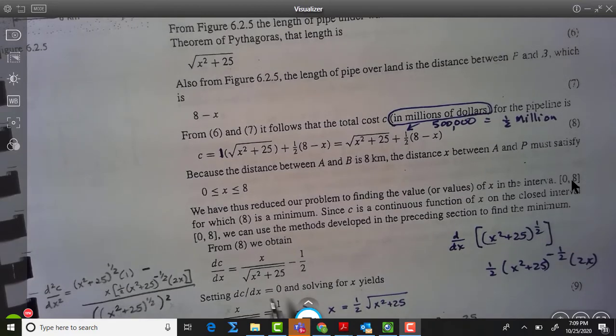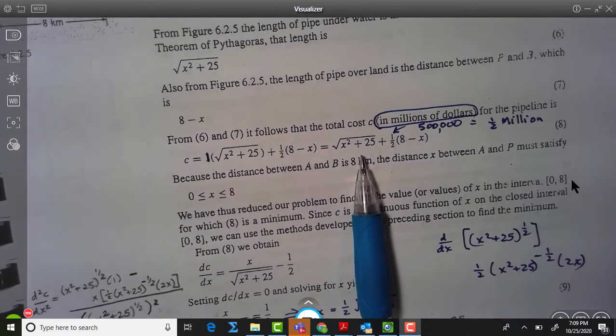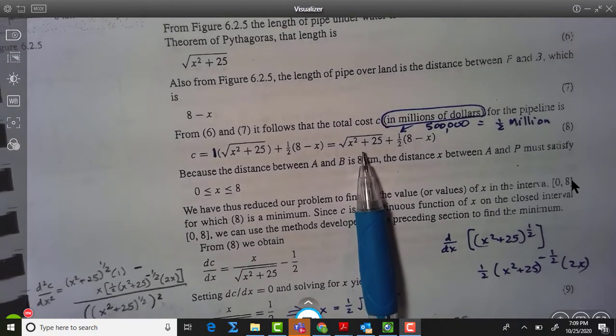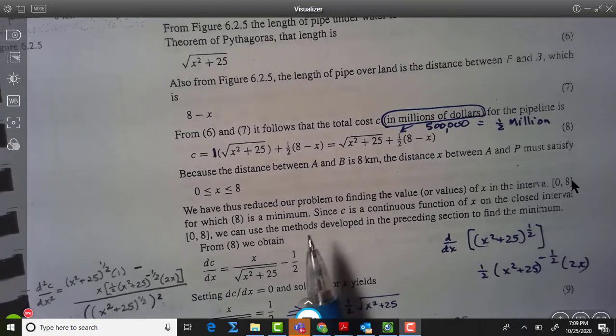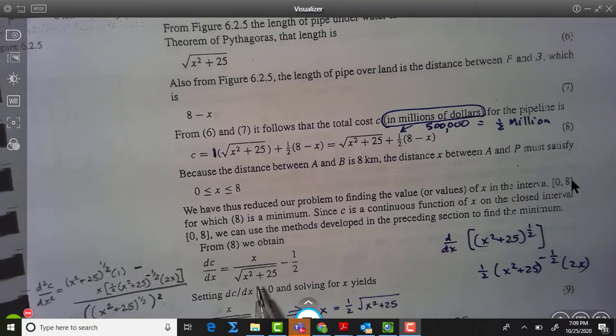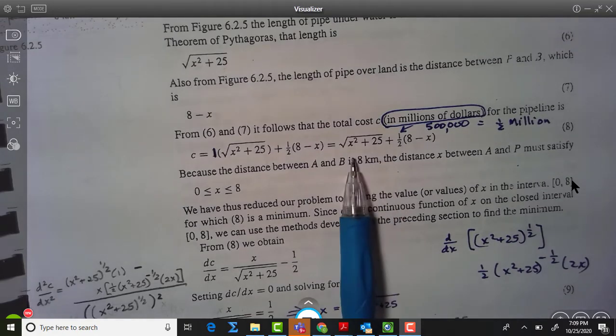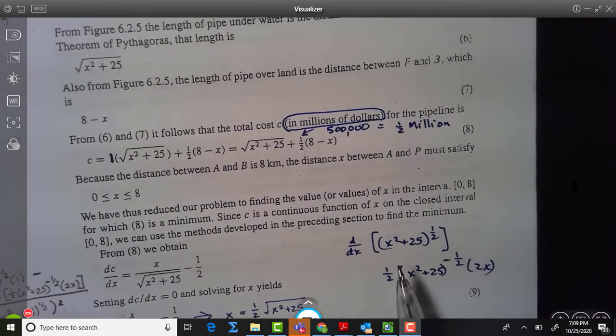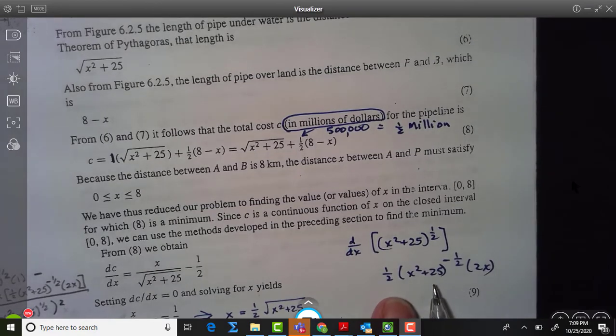All right, so the derivative of our cost, that is x squared plus 25 to the 1/2, which is going to give us 1/2 x squared plus 25 to the negative 1/2 times the derivative of x squared plus 25, so our chain rule.